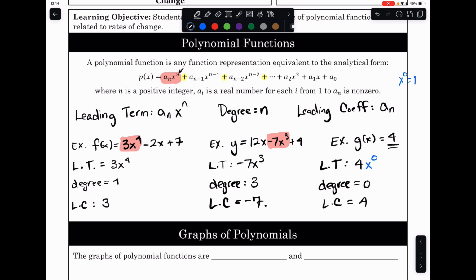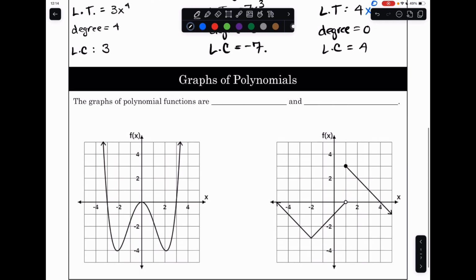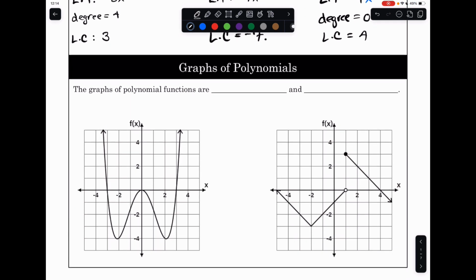Okay, so here are some examples of polynomials and how to identify the leading term, which gives us the degree and the leading coefficient. Now, the other thing I want to review about polynomials is what the graph of a polynomial looks like. Every polynomial has two distinct characteristics.